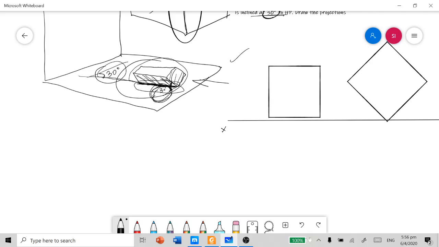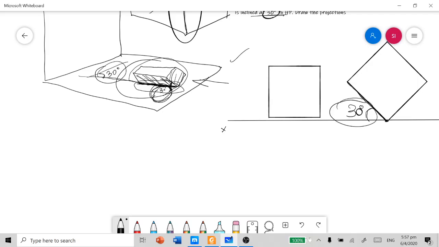So what you need to maintain is this angle: the resting longer edge and the rectangular surface containing it should make 30 degree with HP. This is the condition which will help you decide how the base should be.